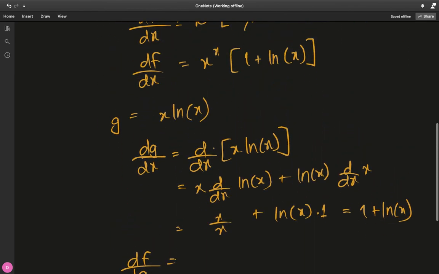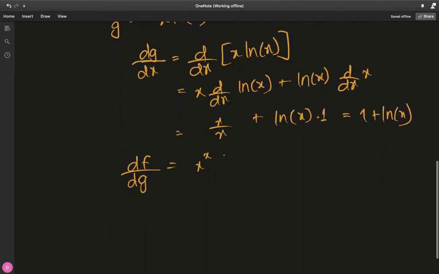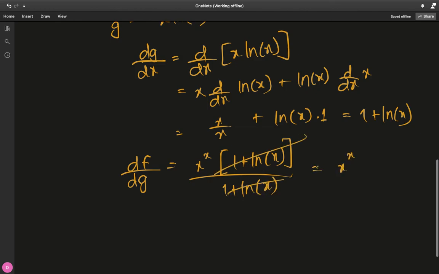So df over dg, according to the formula over here, is going to be x to the x times 1 plus natural log of x divided by 1 plus natural log of x, and these cancel, so it's just x to the x.